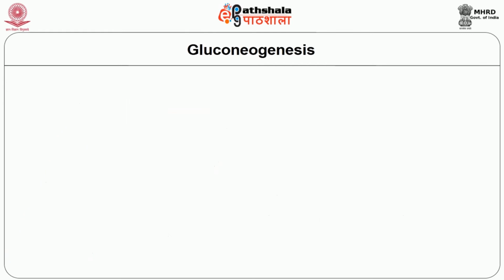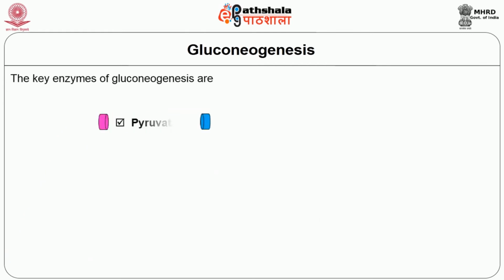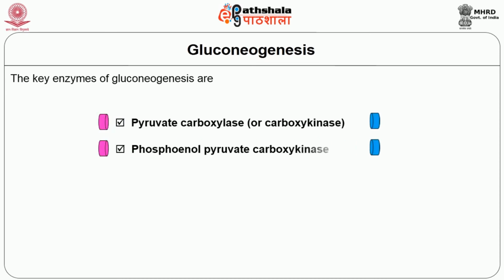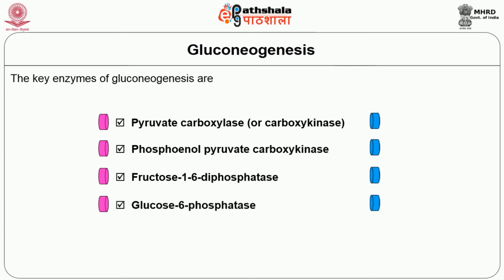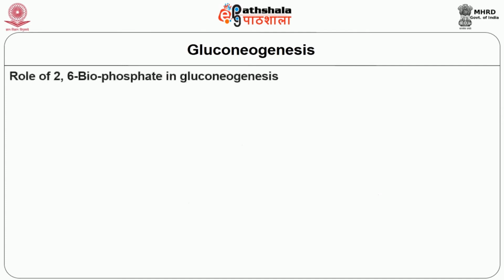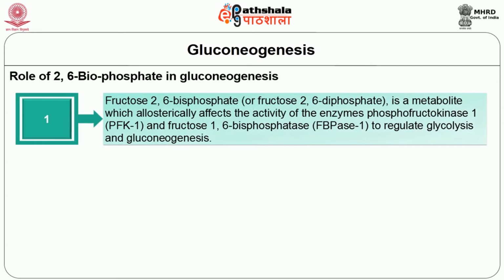The main key enzymes of gluconeogenesis are pyruvate carboxylase, phosphoenolpyruvate carboxykinase, fructose 1,6 bisphosphatase, glucose 6 phosphatase.